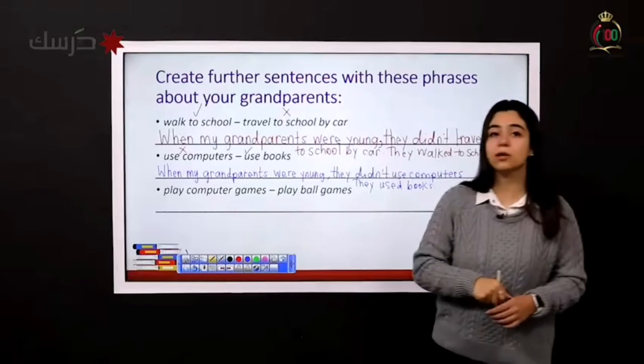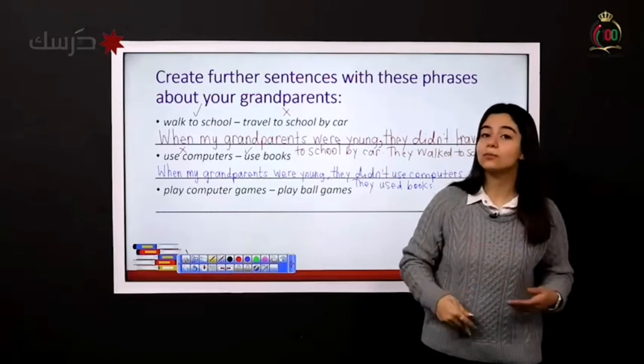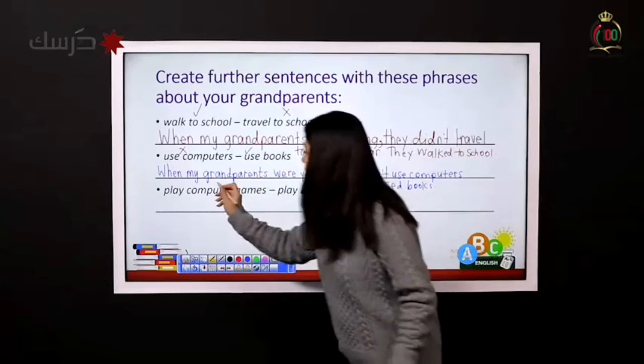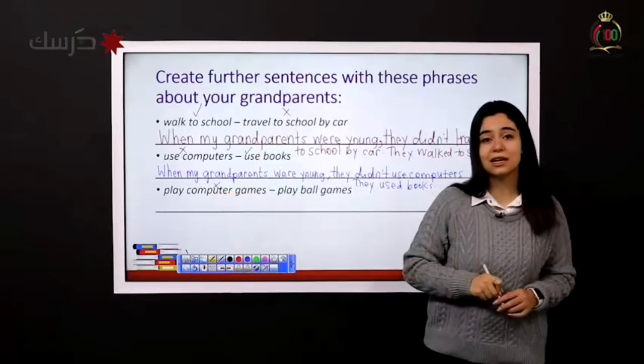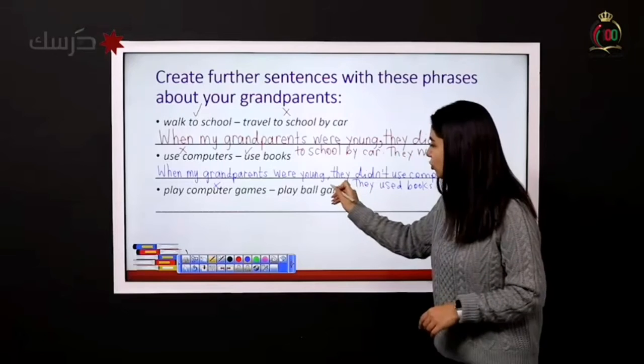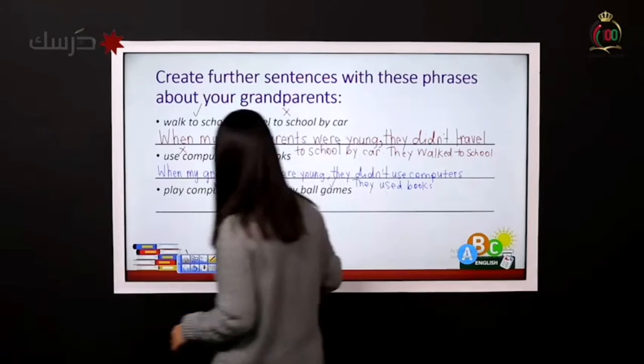Now, play computer games or play ball games. When my grandparents were young, they didn't play computer games. They played ball games.